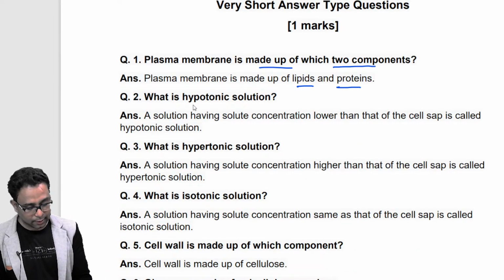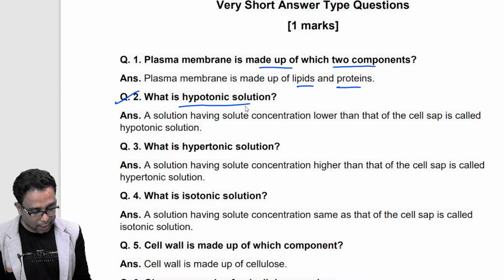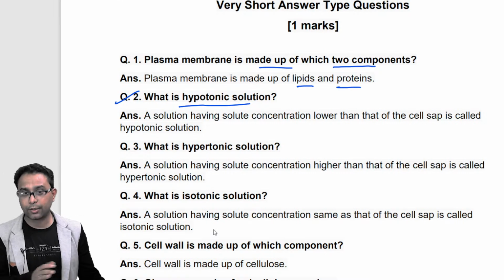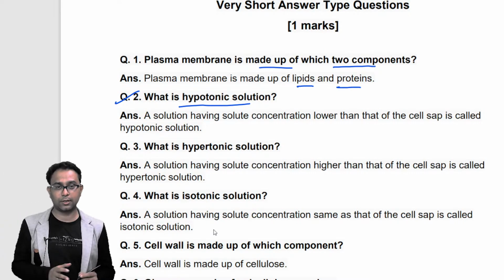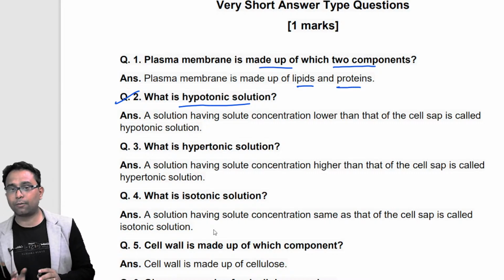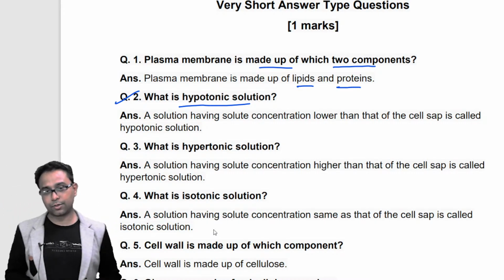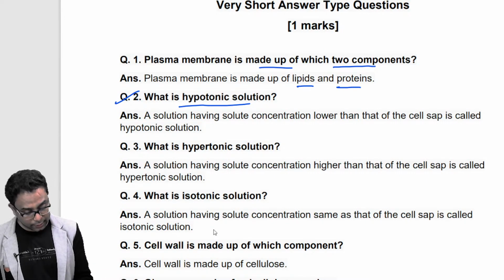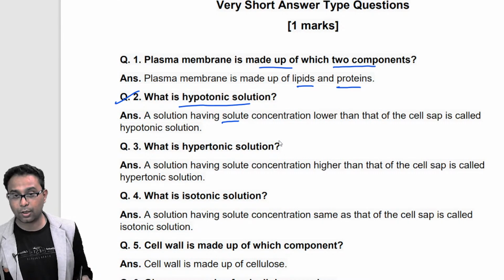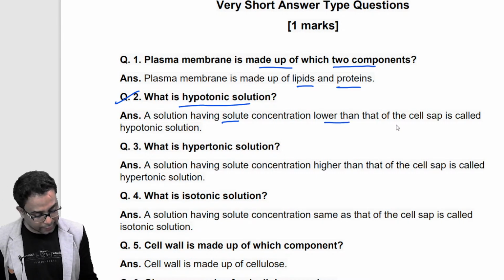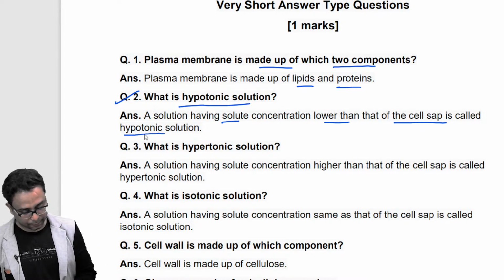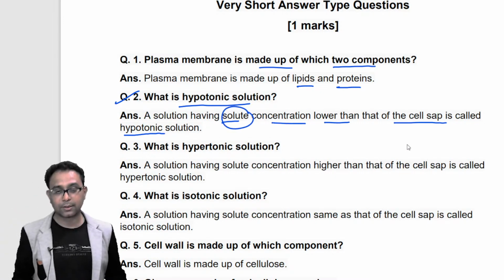Next we discuss the second question. This is the hypotonic solution. According to different concentrations, solutions are of three types: hypertonic, hypotonic and isotonic. But how do you define the hypotonic solution? It is a solution having a solute concentration lower than that of the cell sap.